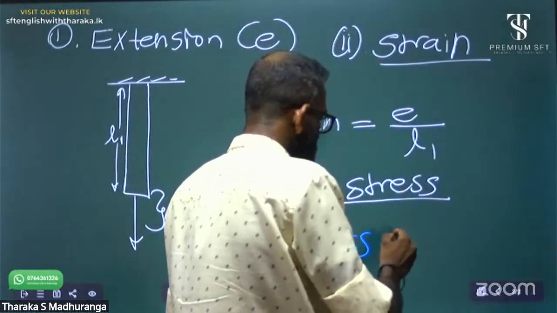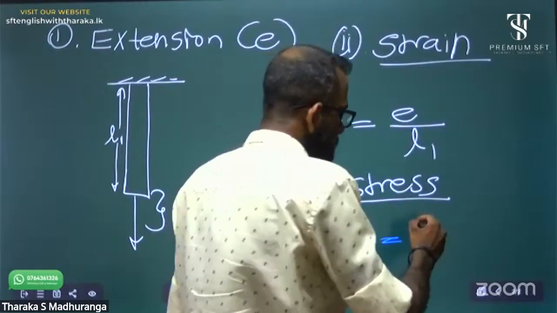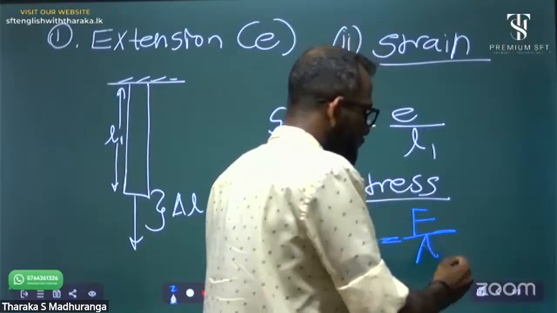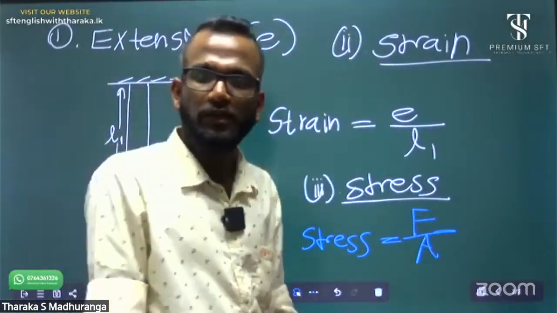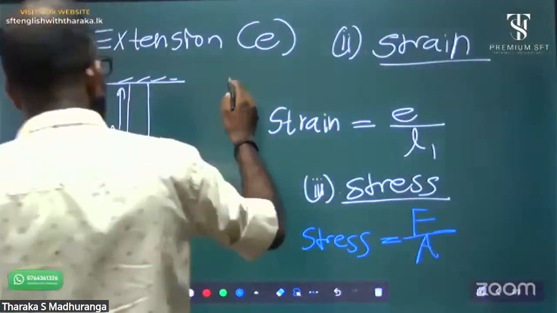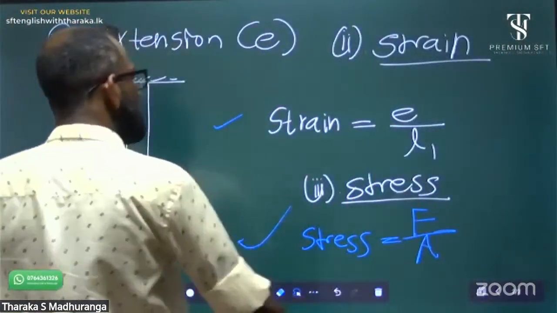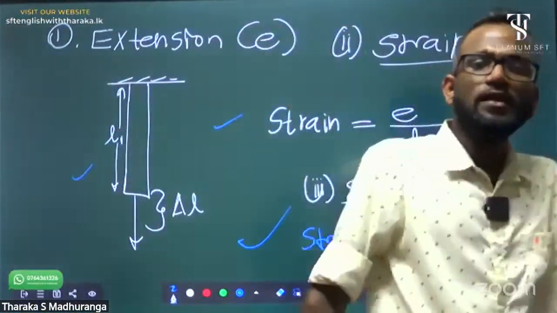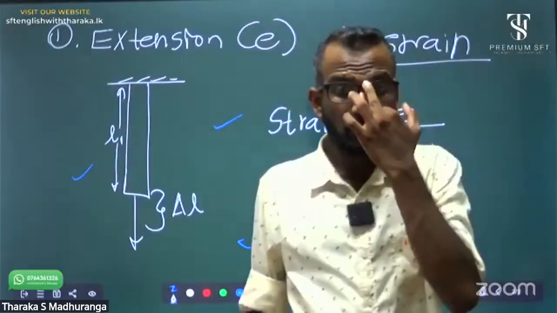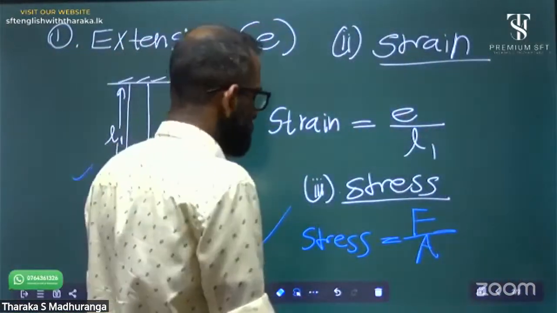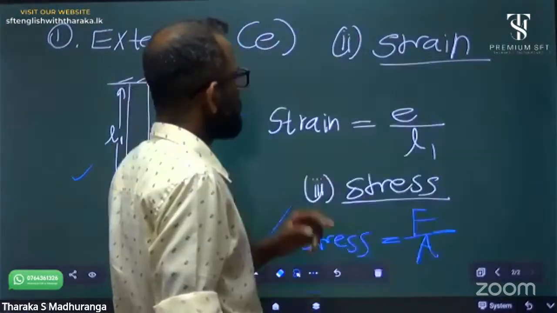Stress equals perpendicular force divided by the cross-section area. We already discussed that in mechanical properties of matter. They are the quantities that explain the elasticity of any material. That's the basics. Let's move into the question.